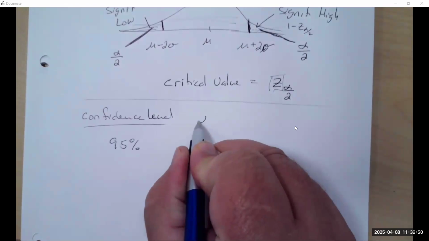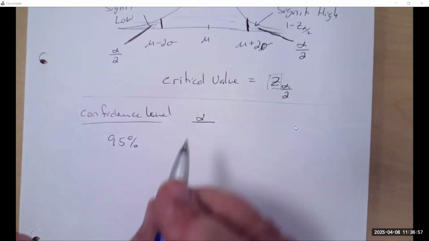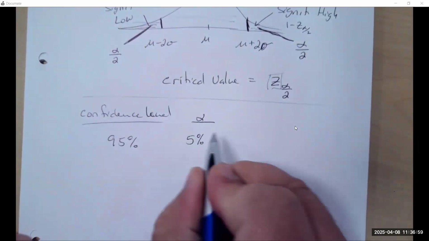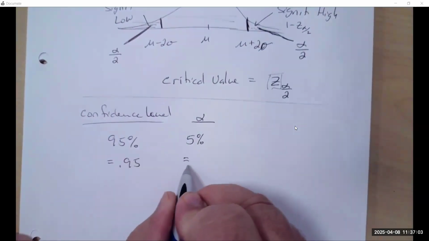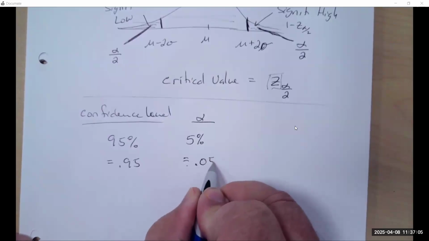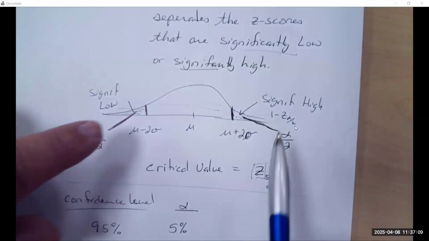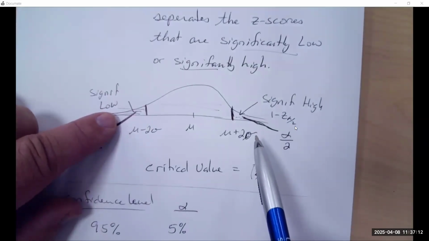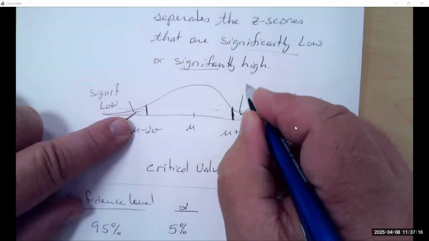So what alpha is that? 5%. So this is 0.95. This is 0.05. Because we're looking at, okay, this is what's called a two-tailed test. These are called tails.